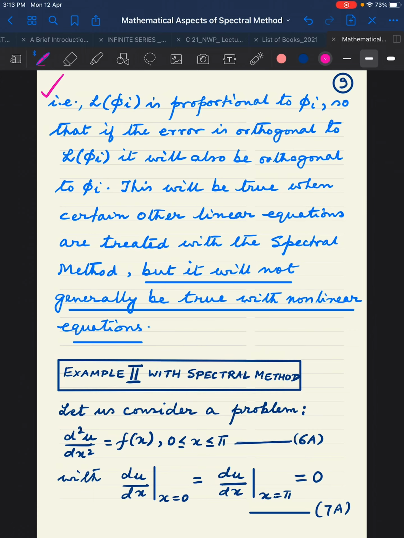If the error is orthogonal to L phi_i, it will also be orthogonal to phi_i. Very simple to follow. But there is one point. This will be true when certain other linear equations are treated with a spectral method. Linear equations. Please note that.